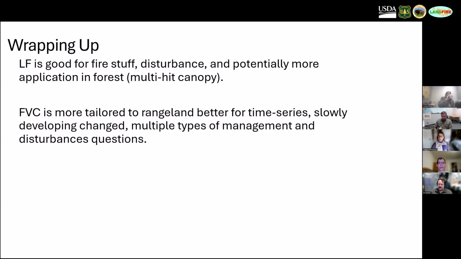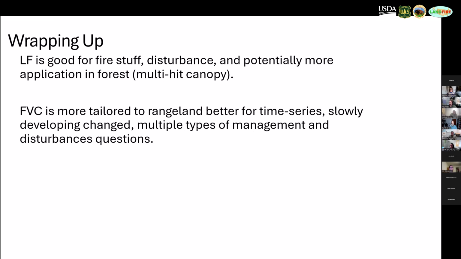I know a lot of the answers to some of these questions are probably a little bit unsatisfactory. It depends. I think a lot of the bottom line here is it depends on what you're trying to do. What kind of data you need to answer a certain question is going to drive what data set is most appropriate. And the accuracy of the products varies. I showed the example of the boilerplate accuracy statistics from the metadata.